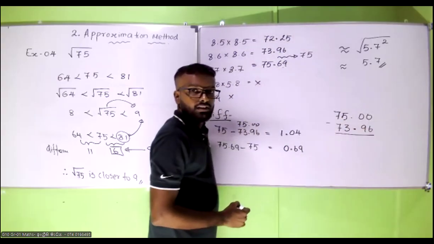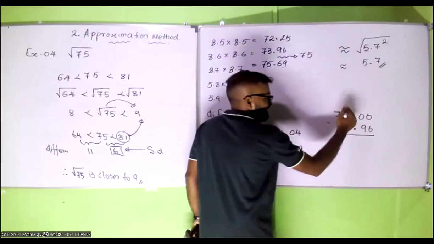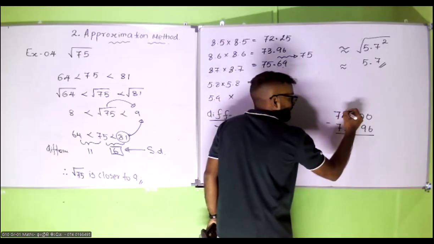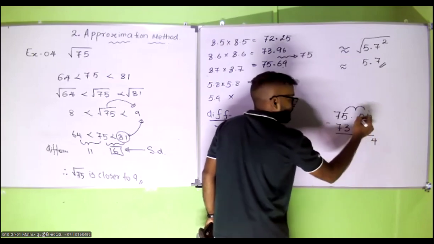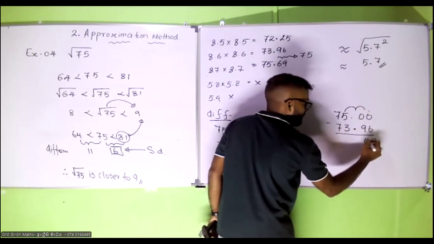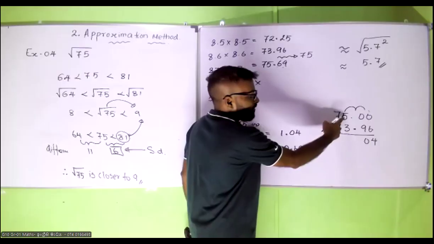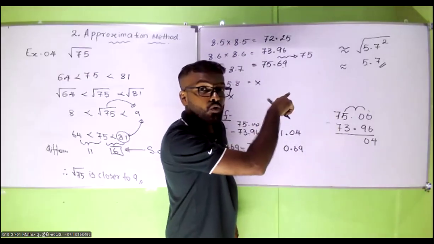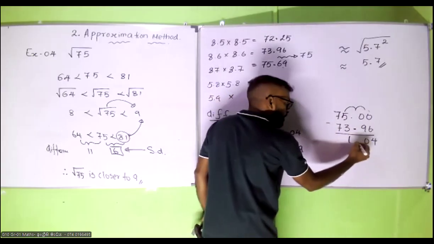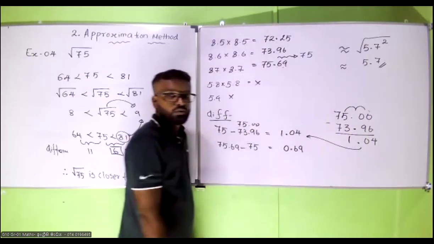Subtract. Take 1 from here, 10. 10 minus 6, 4. Here you have 9. 9 minus 9, 0. You have taken 1 from 5, so the remaining is 4. 4 minus 3, 1. 1.04.